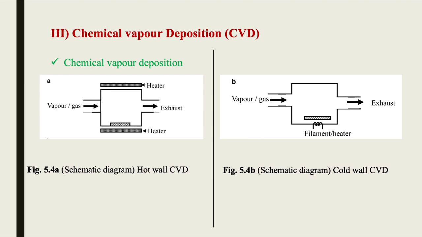Here, the reaction is faster and the supply of reactant is slower. At high temperature, the growth rate reduces due to desorption of precursor from the substrate. So these are the differences between hot wall chemical vapor deposition and cold wall chemical vapor deposition.